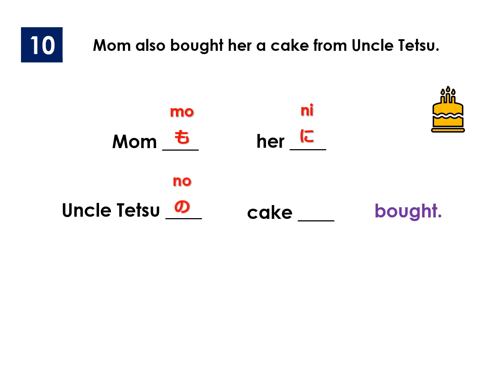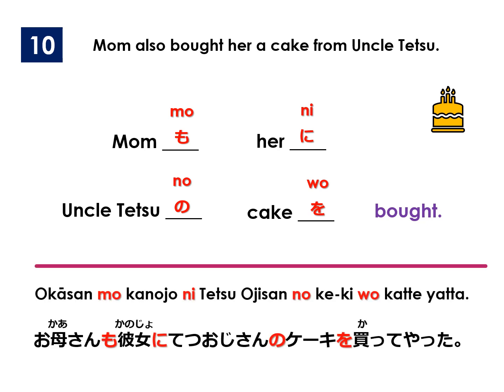And Uncle Tetsu takes the particle no to indicate of, the cake of Uncle Tetsu, and cake takes the particle wo to indicate direct object, bought what? The cake. And in Japanese, お母さんも彼女に鉄おじさんのケーキを買ってやった。Mom also bought her a cake from Uncle Tetsu.